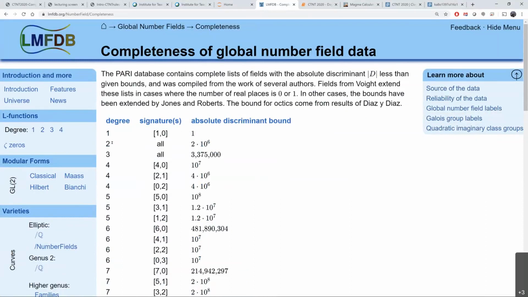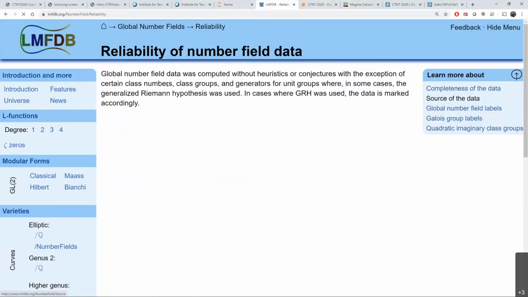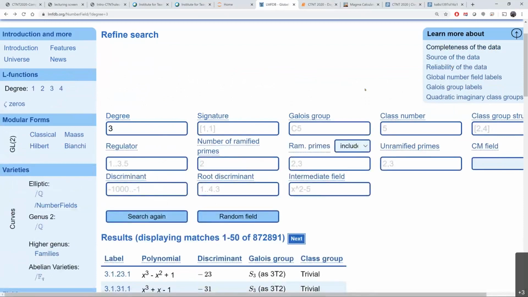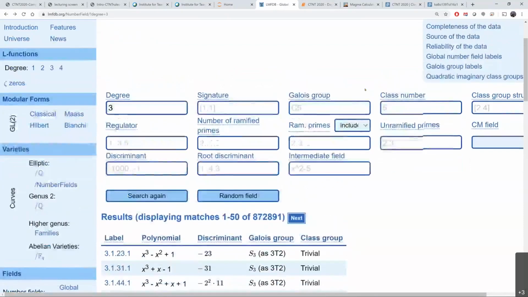For example, for degree 2, all degree 2 fields up to absolute value discriminant 2 times 10 to the 6 are included in the data. So I know that certainly the smallest discriminant is in the data. Also, about the reliability of the data, it gives you some explanation of what our reliability on the data is, and those fields change in every page of the database. It explains how the data was gathered.